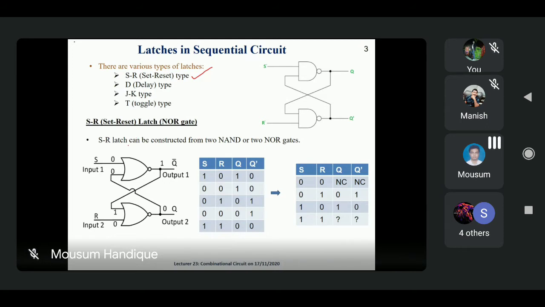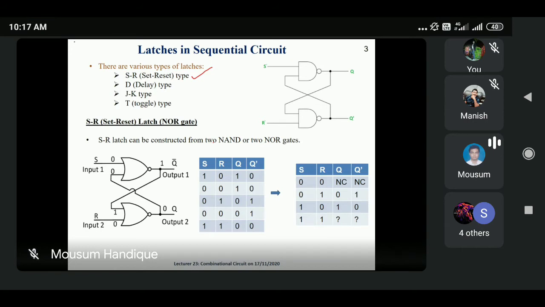So SR latches can be constructed from two NAND or two NOR gates. Or you can say SR is a cross coupling of NAND and NOR gates. That means we can design SR latches with the help of NAND gates, or we can use NOR gates also.